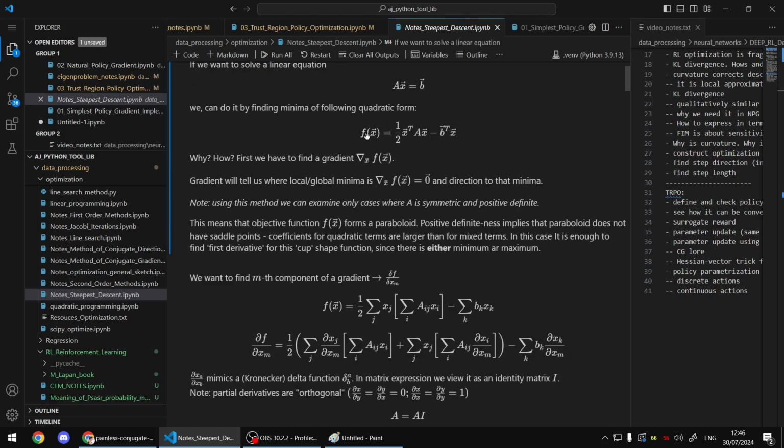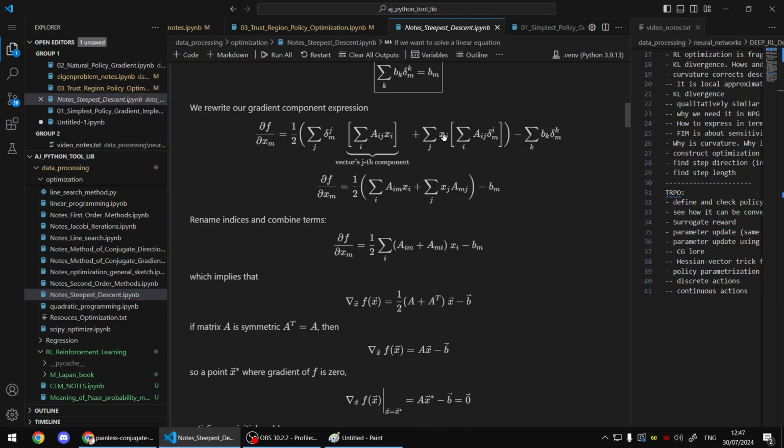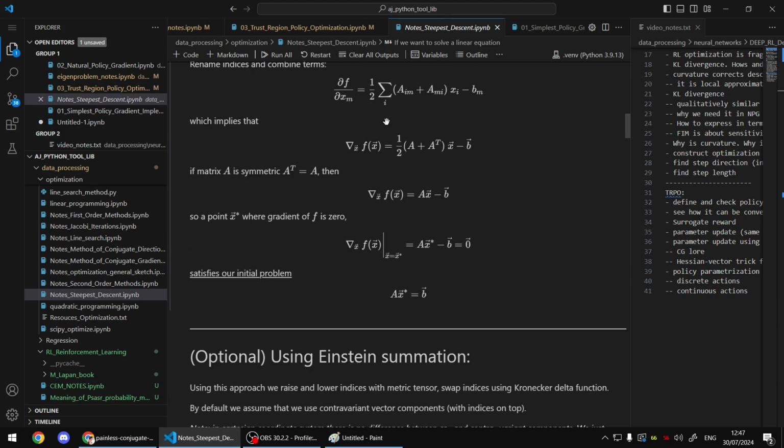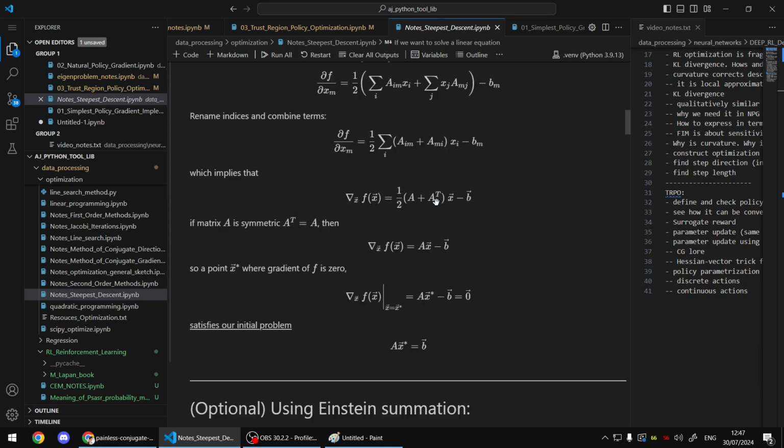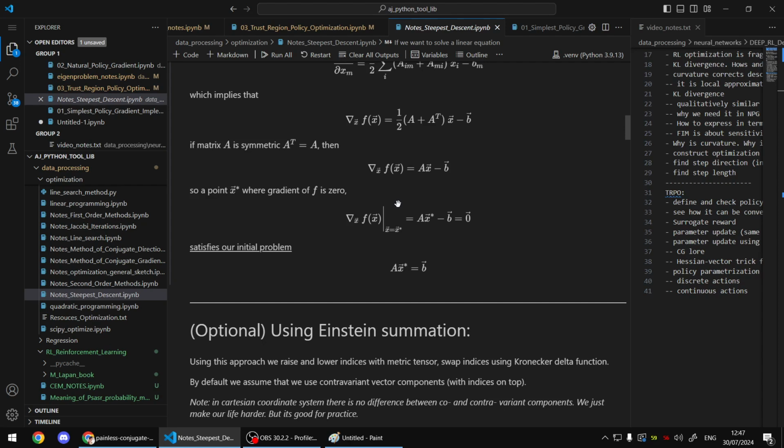Assume that we take a gradient of this particular objective function, skipping all the maths, we will see what we get, given that A is also symmetric, which in the case of Hessian, of course, it is. And maybe I will show you why it's positive semi-definite.